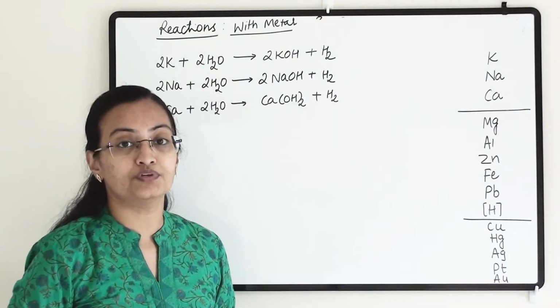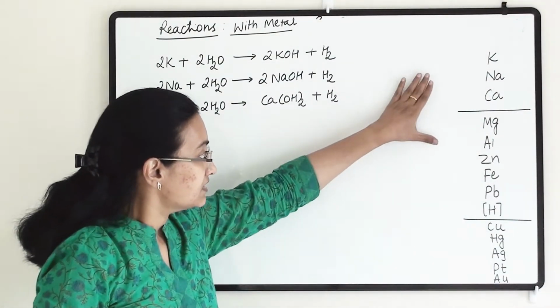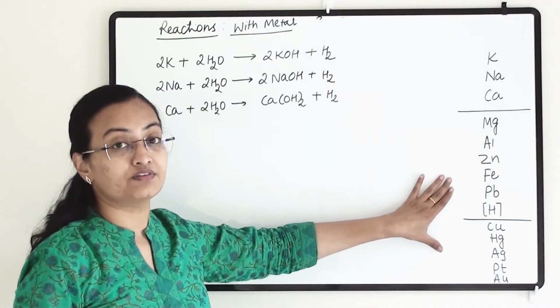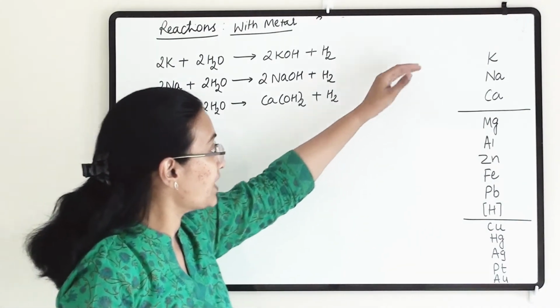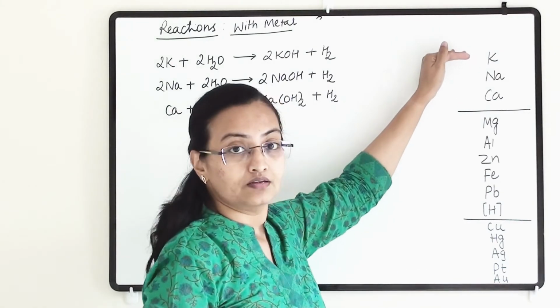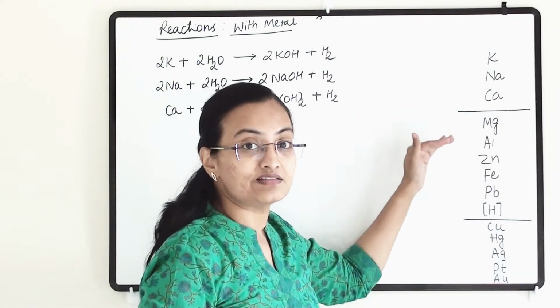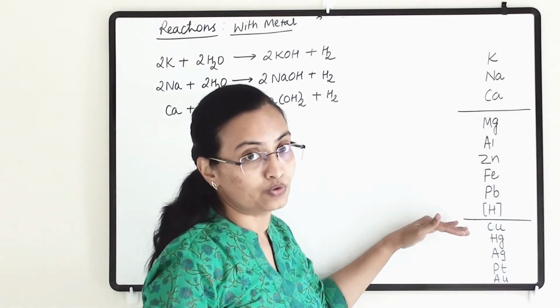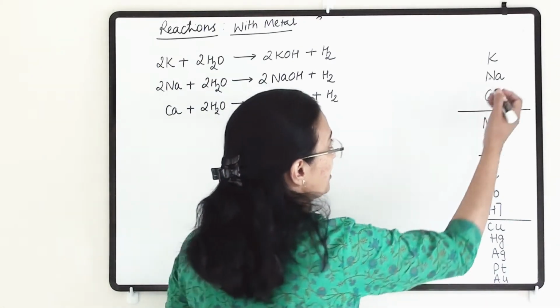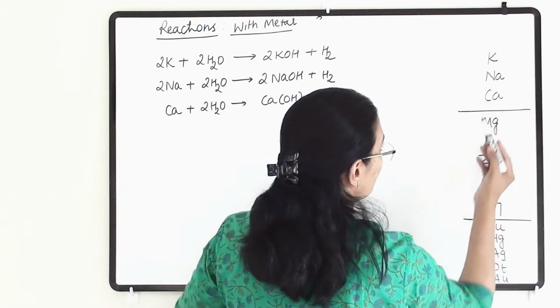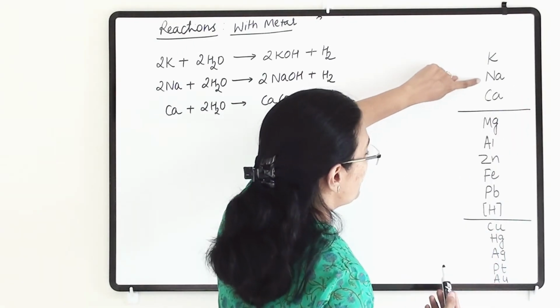Reactions of water with different metals. Here I have represented the activity series of metals, where the metals at the top are more reactive compared to the metals placed below them. So if potassium is placed above sodium, that means potassium is more reactive compared to sodium.